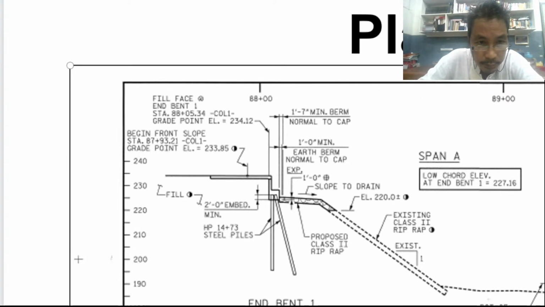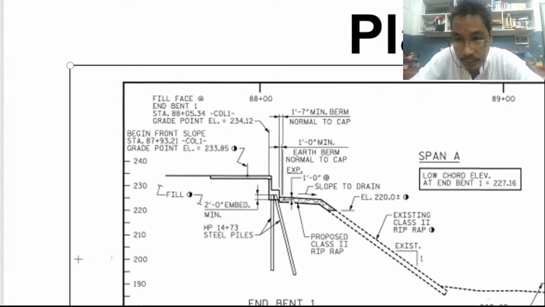And STA. What do you mean by STA? Okay. STA 88 plus 5.34 grade point. So we are familiar with that in surveying.